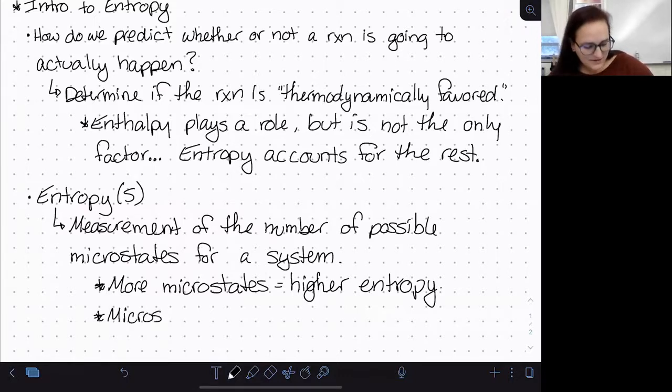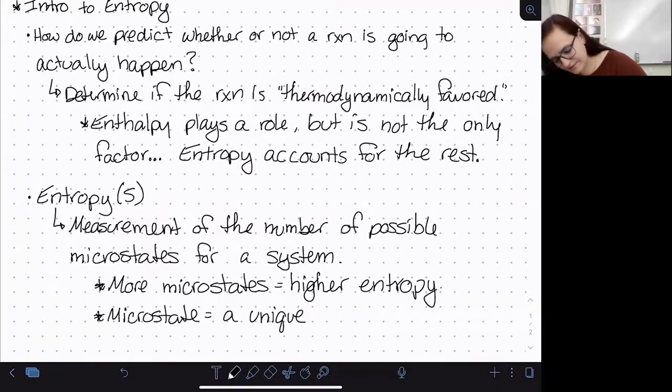A microstate is really just a way of arranging the stuff in your system. It is a unique way to arrange the particles and the energy in your system.